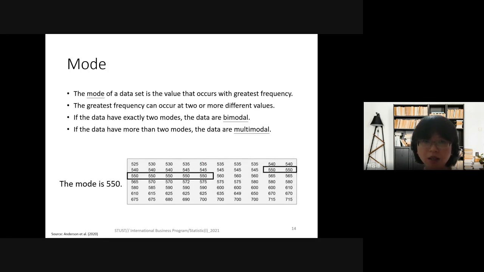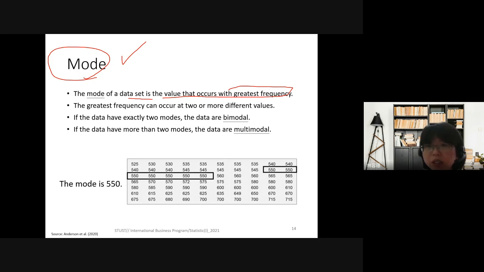And I think I will talk about the mode, the last one we will introduce today. What is the mode? The mode is the value in the data set that occurs with the greatest frequency. 众数 in Mandarin is 众数. So no matter how much data you get, you can calculate the frequency.